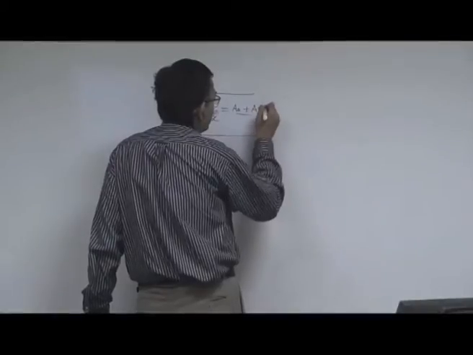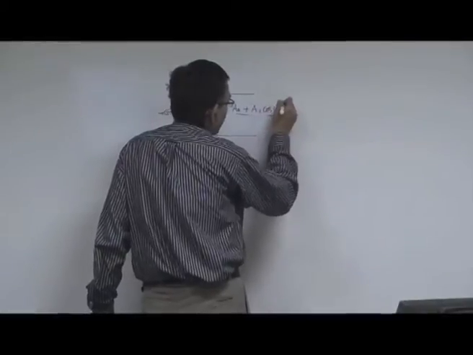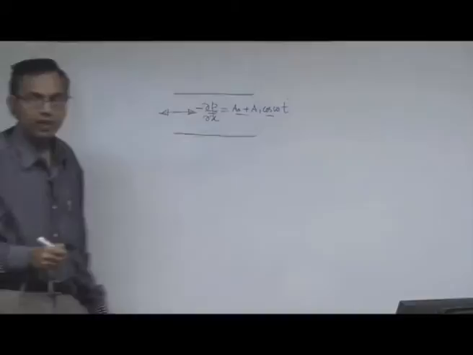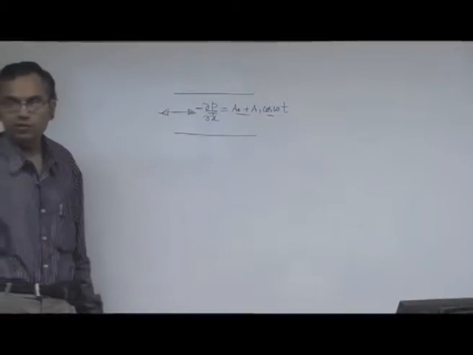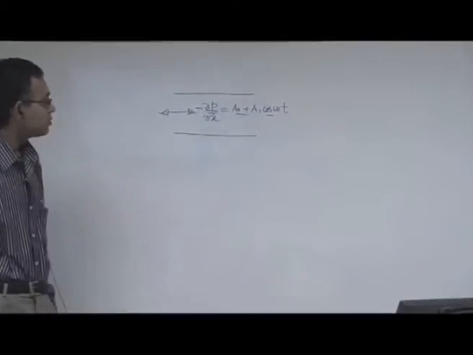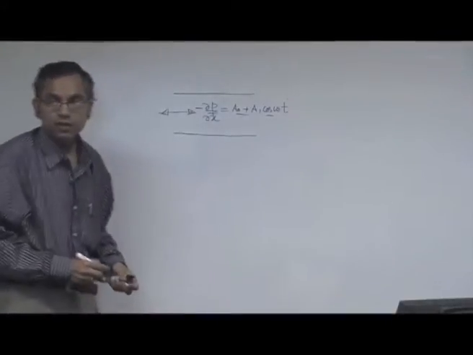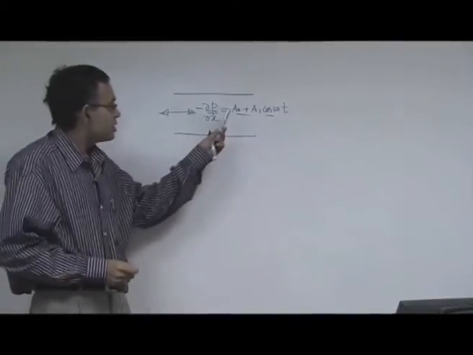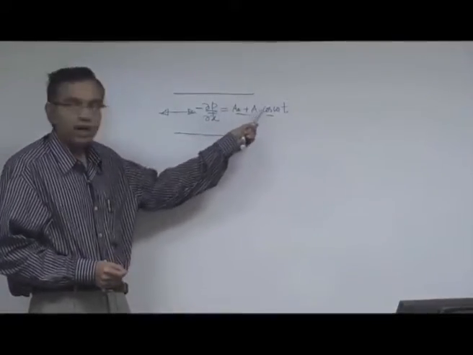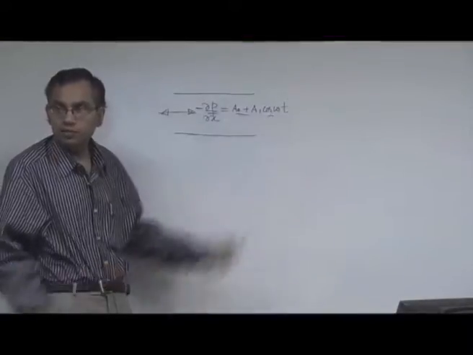The previous one we took as sine, just for a change we will make it cos, we could keep this as sine as well without any problem. Okay. So, we have a steady part of the pressure gradient and a time oscillatory part of the pressure gradient.